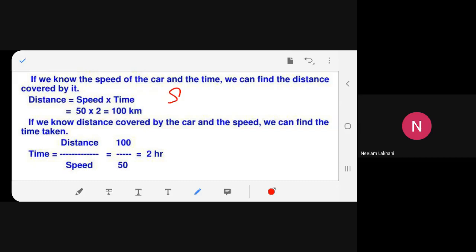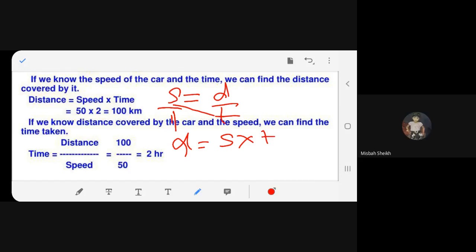See, speed is equal to distance upon time. Do you agree? Yes. What will I write? I will cross multiply. Can I do that? Cross multiplication? Yes. So distance is equal to speed into time. I can take this on the other side.